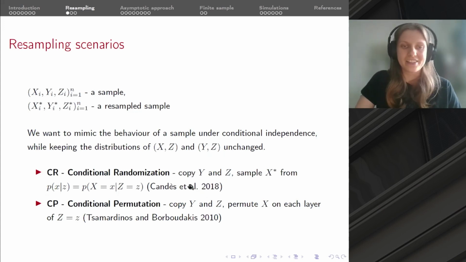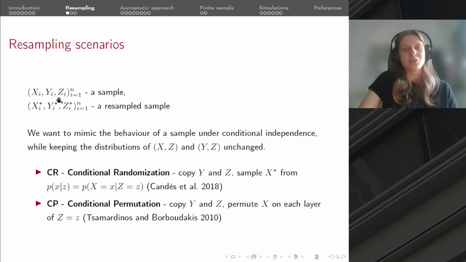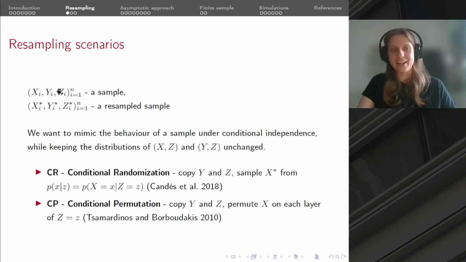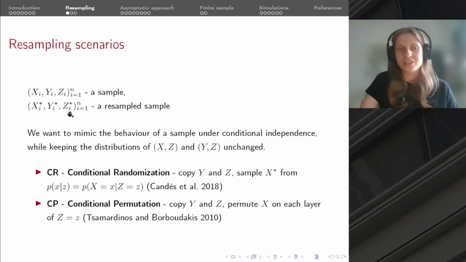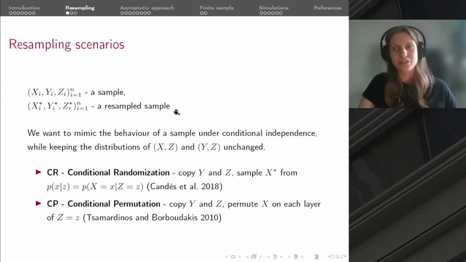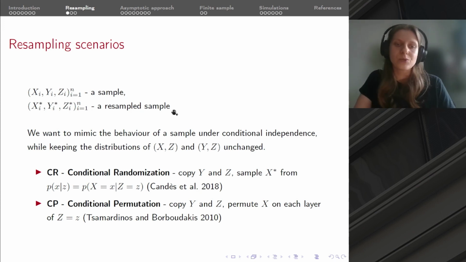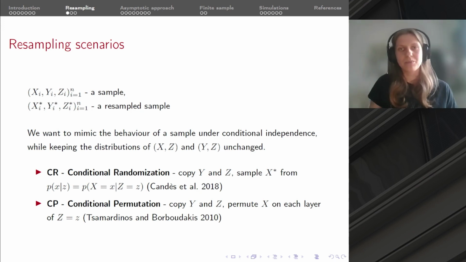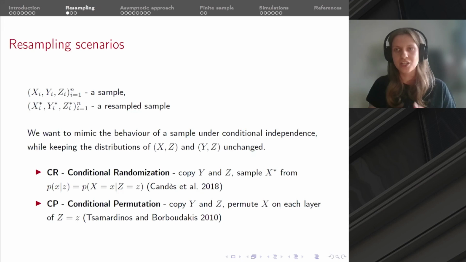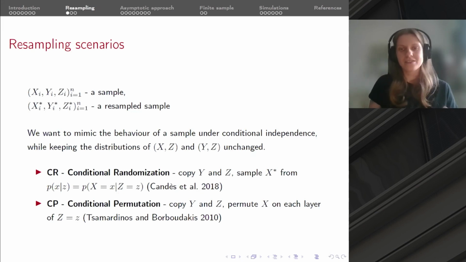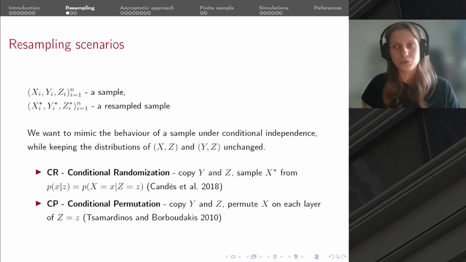So, about resampling now. I will denote a sample using x_i, y_i, z_i as previously, and I will use stars to denote a resampled sample. So with stars, it is always a resampled sample. As we want to mimic the behavior of a sample under conditional independence, we want to keep the joint distributions of X and Z, and Y and Z, unchanged, and only break the dependence between X and Y given Z. So we want to just break that conditional dependence between the two variables.